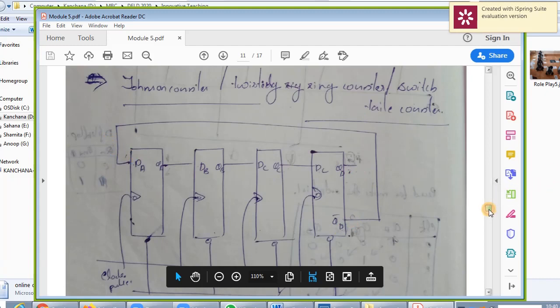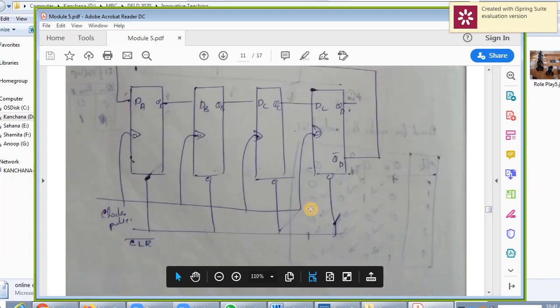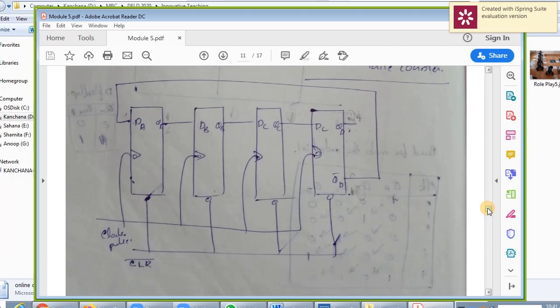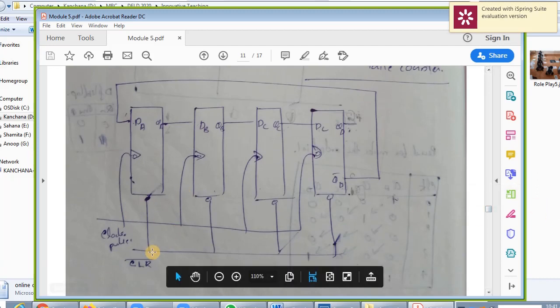Then the same thing: the negative edge clock pulse is connected to a common source clock pulse. Now using the clear input. In the ring counter we use preset bar and clear bar, making the first flip flop 1 and the remaining 0. But here we use the clear pin to make all the flip flops 0.